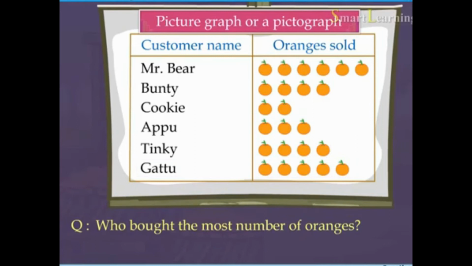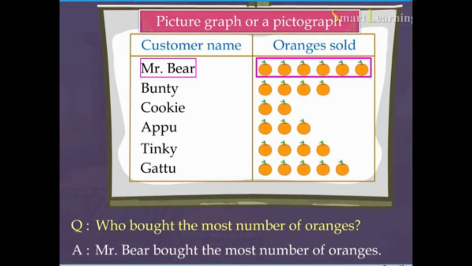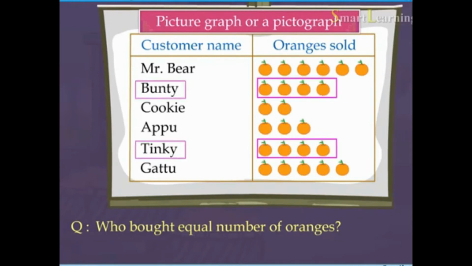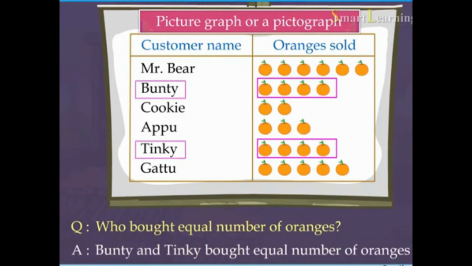The third question is, who bought the most number of oranges? From the table, we can say that Mr. Bear bought the most number of oranges. The fourth question is, who bought equal number of oranges? Bunty and Tinky both bought 4 oranges each. Thus, Bunty and Tinky bought equal number of oranges.